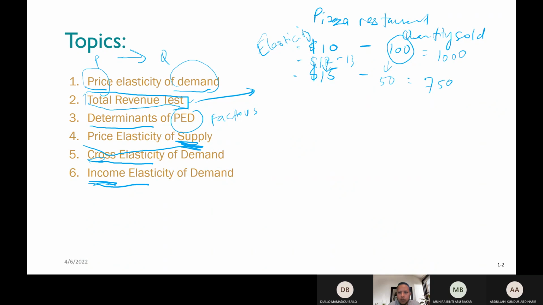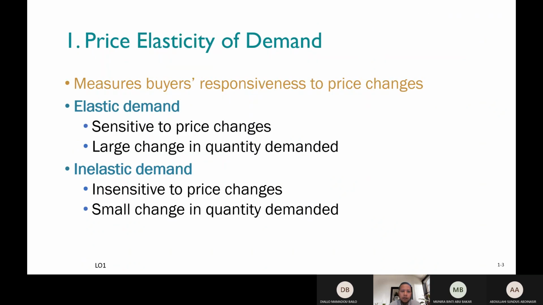For topic number 1, price elasticity of demand basically measures buyers' responsiveness to price changes. Like I mentioned just now, if you've been buying pizza for 10 and the next time you go to the shop the price has changed to 15, but you only bring 10, maybe you wouldn't buy the pizza and would go to another place.